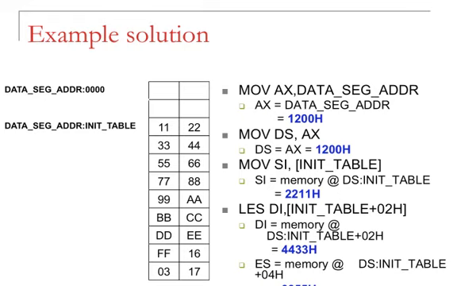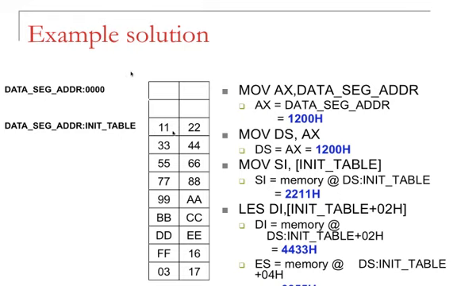Let me say it again. Because SI has 16 bits, or 2 bytes, we will need to load 2 bytes starting from this memory address, DS:init_table. Let's go to here. This is DS:init_table, and we're going to load 2 bytes.